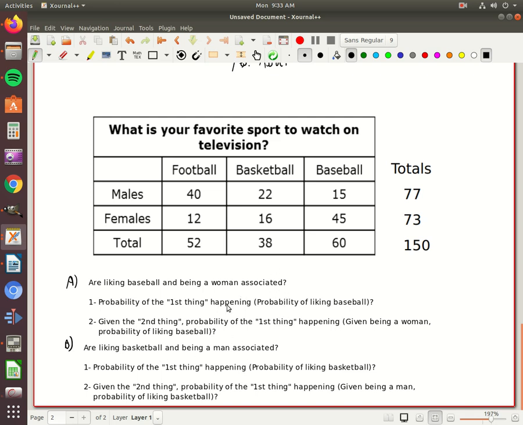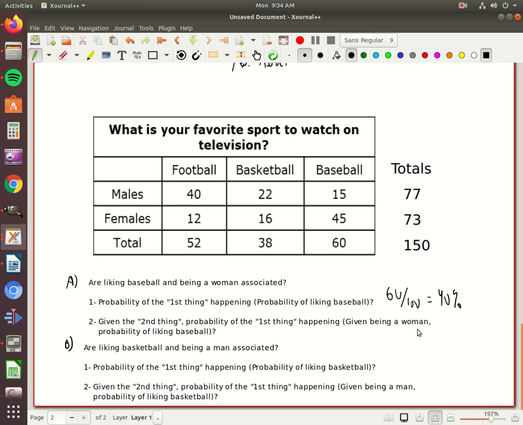So first of all, are liking baseball and being a woman associated? What's the probability of the first thing happening? What's the probability of liking baseball? It looks like 60 out of 150 people like baseball. That is 40%. Given the second thing, given that you're a female, what's the probability of liking baseball?